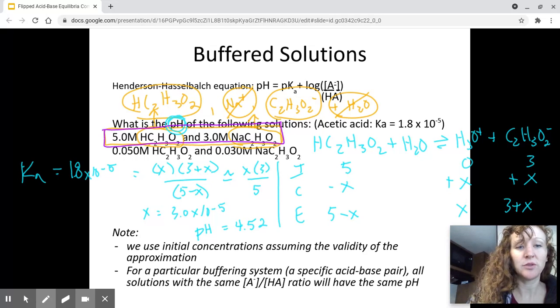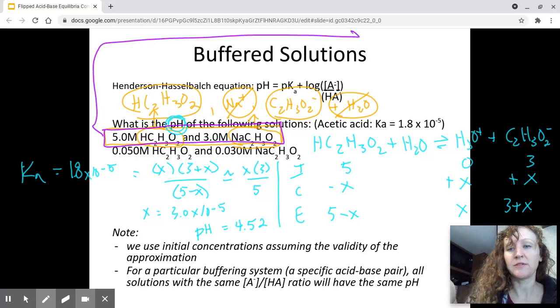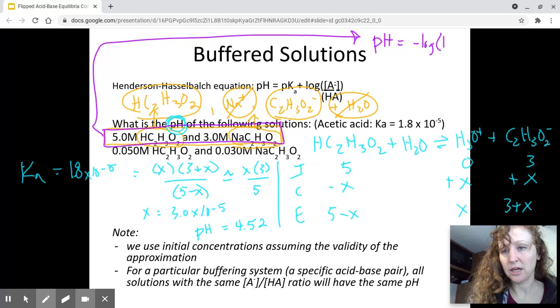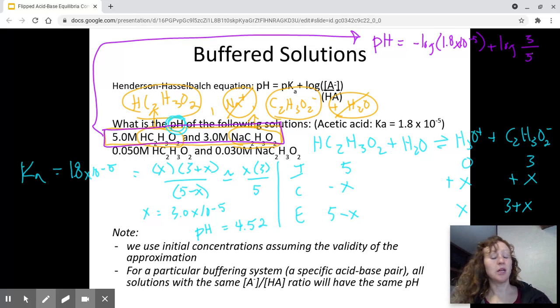So instead of doing all of that, I could have just done this. pH equals negative log of my Ka, 1.8 times 10 to the negative fifth, plus log of conjugate base over weak acid. What is that? 3/5. There we go. All right, let's do this.